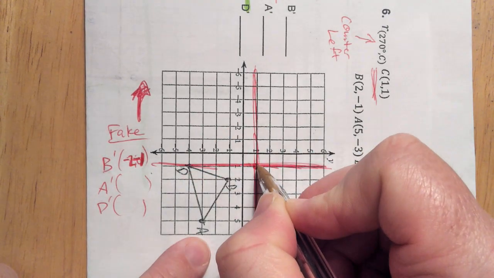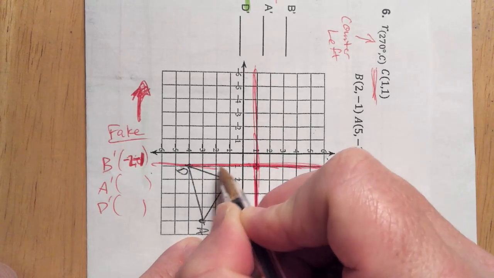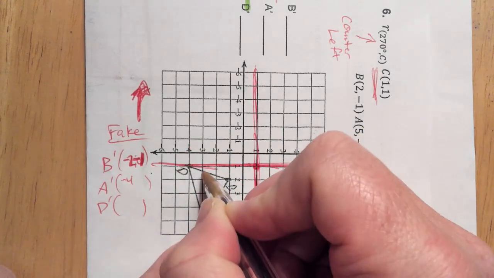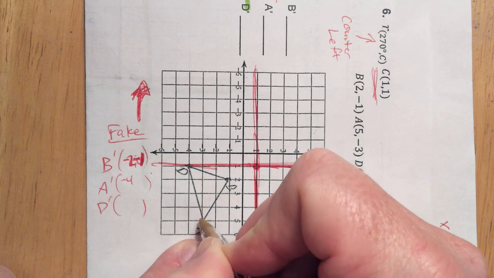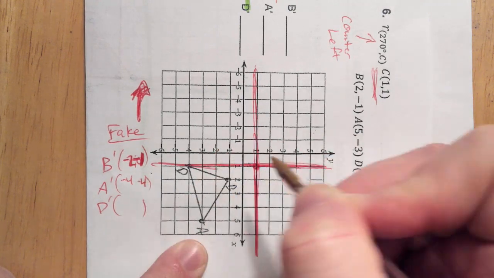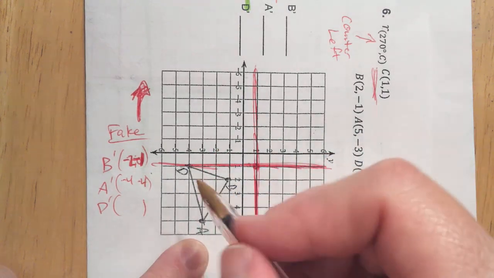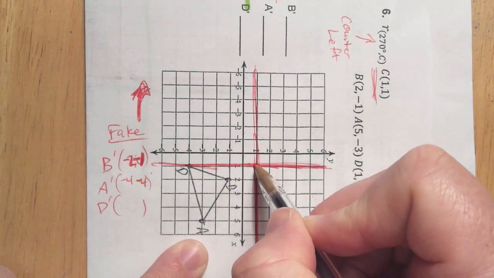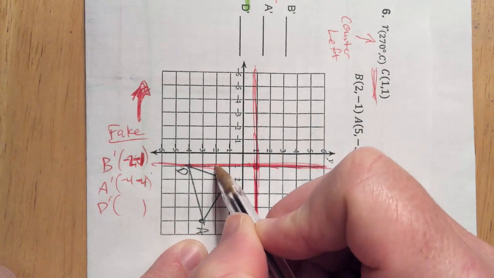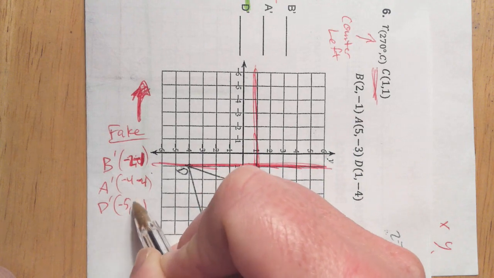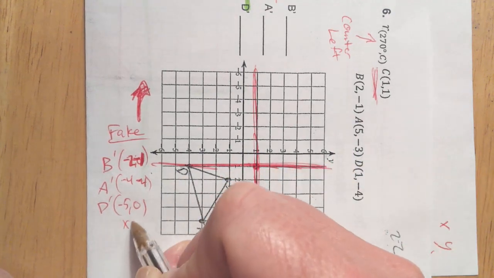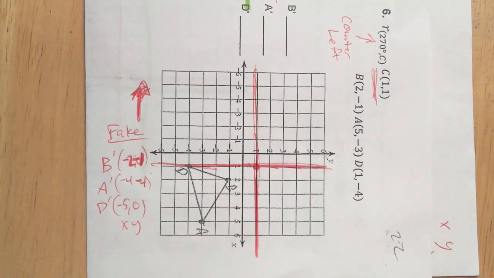And your A is -4, -4. And then our D is -5, 0. It's on the x-axis, so the number goes with the x.